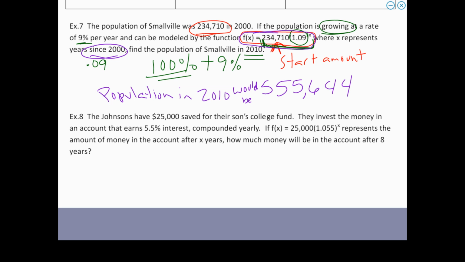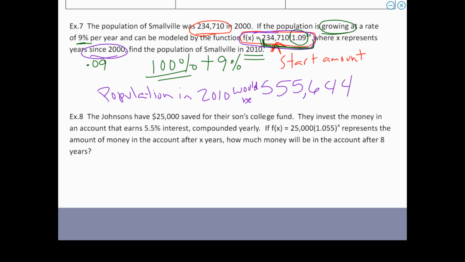Okay. The Johnsons have $25,000 saved for their son's college fund. They invest the money in an account that earns 5.5% interest, compounded yearly.